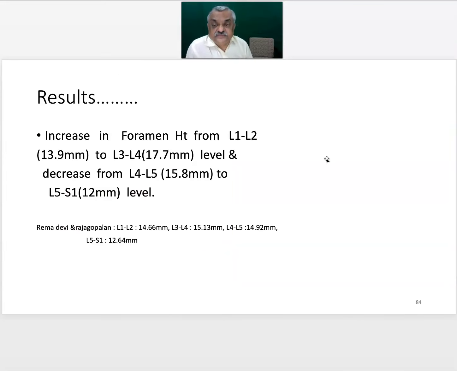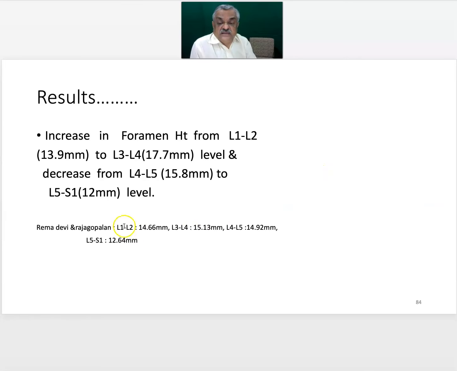And the results are, there is an increase in height of the foramen from L1-2, which is about 14 millimeters, to almost 17 at 3-4, about 16 at 4-5, and 12 at L5-S1. So what happens is, it will increase in the middle part of the lumbar spine, but again decrease lower down.